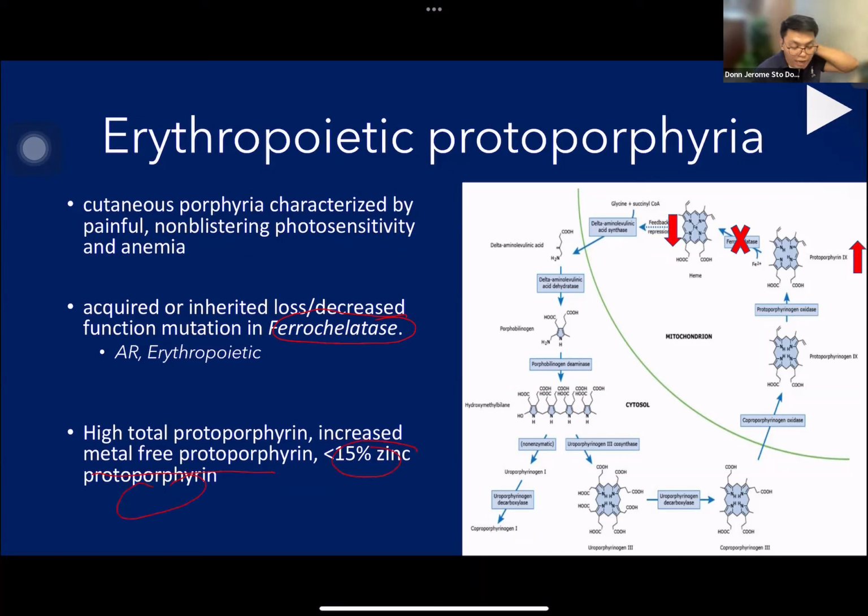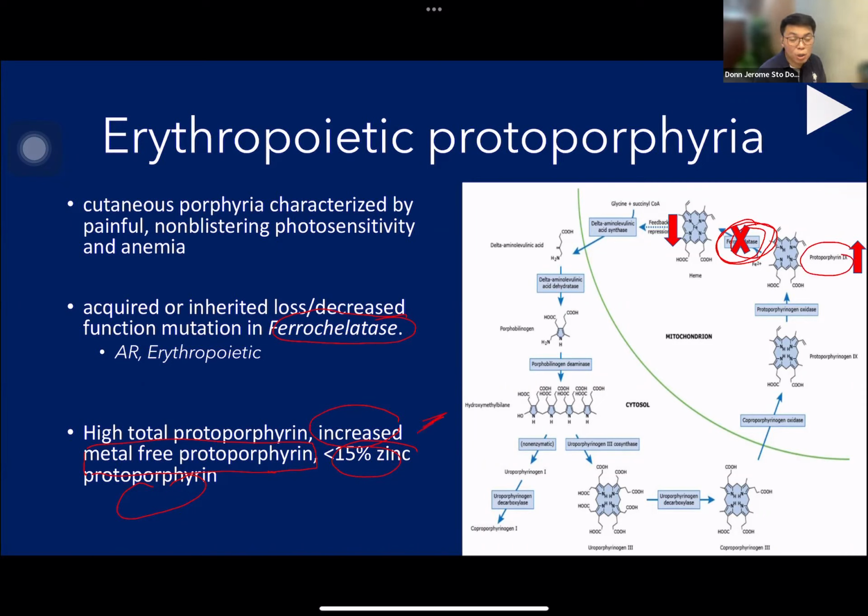So again, why would you have elevation in your metal-free protoporphyrin? Because you're lacking the enzyme that adds iron or zinc to your protoporphyrin. So protoporphyrin would exist in a metal-free form, and you'll have an increase in metal-free protoporphyrin.